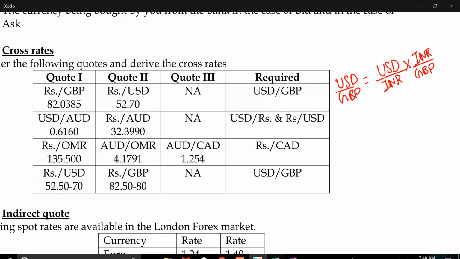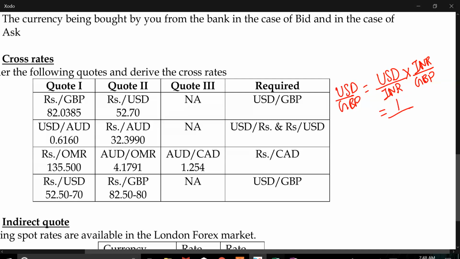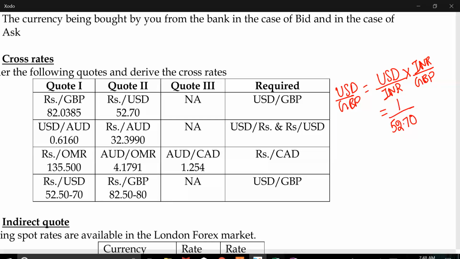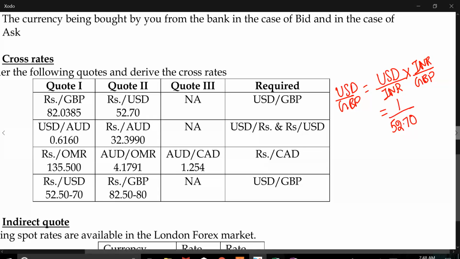Now look at, do you have USD by INR? No. Inverse. 1 by 52.70. Do you have INR per GBP? Yes. Use it directly. No bid, no ask confusion, so let's not worry about that.